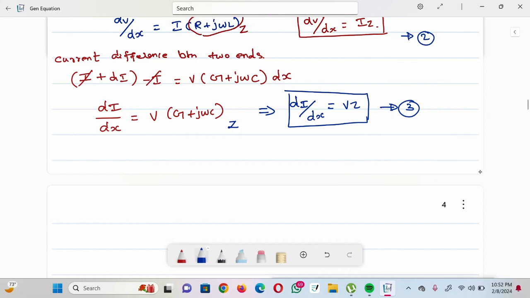We are going to differentiate the IZ equation.